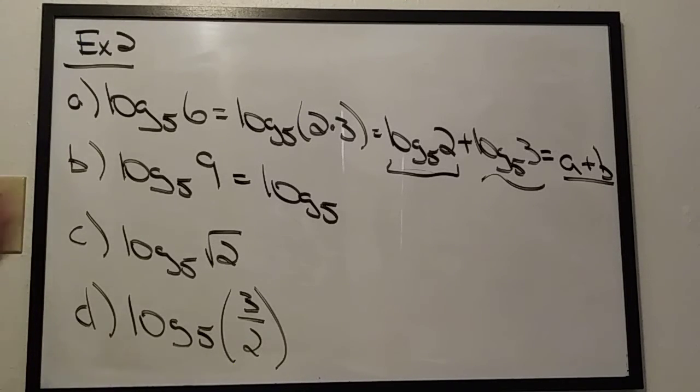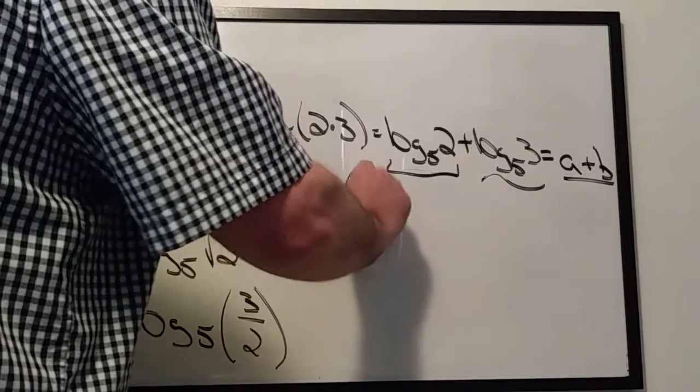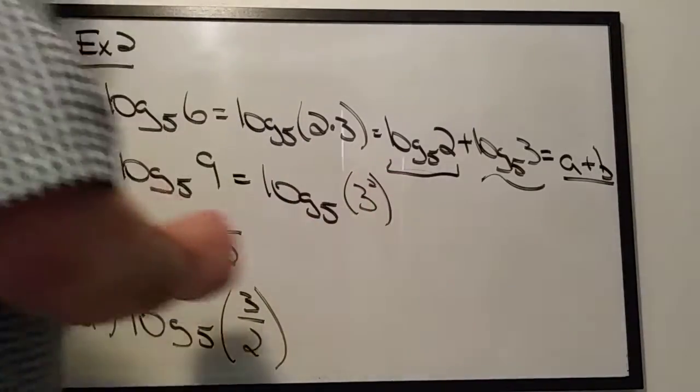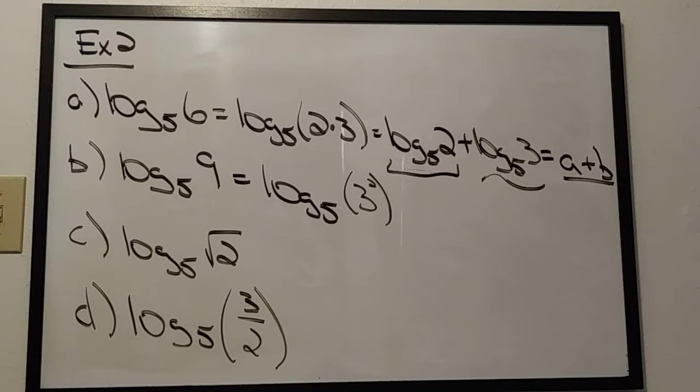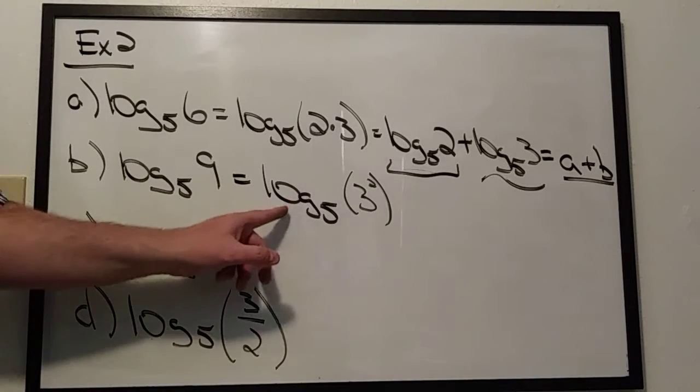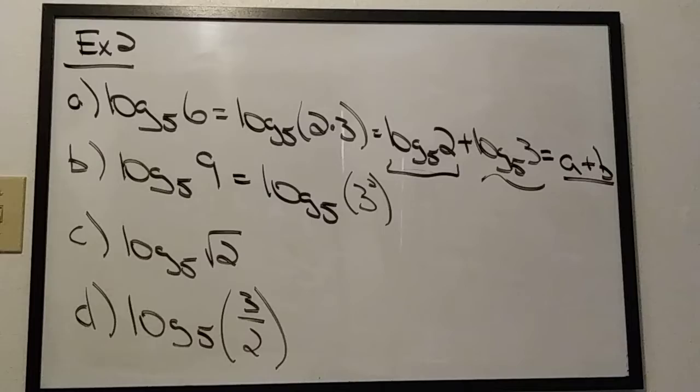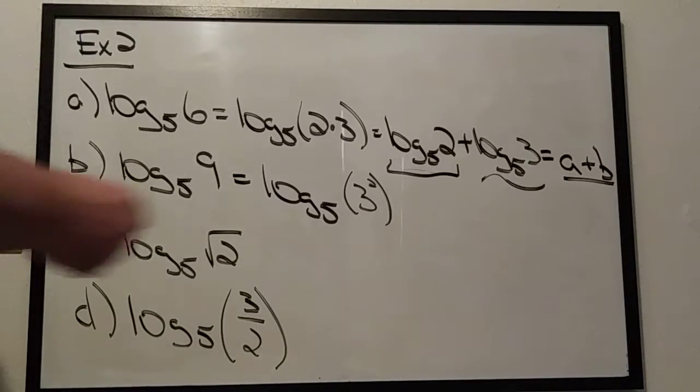However, I can also look at this 9 and say that that's going to be 3 squared. Now remember that we were talking a moment ago about property 7. Property 7 says that if you have the log of somebody to a power, you can bring that power down in front. And that's what I'm going to do.